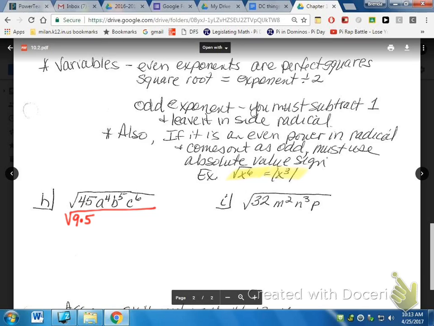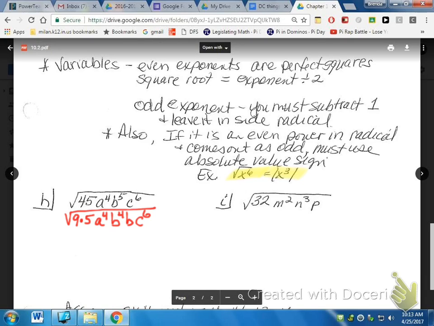A to the 4th is a perfect square, so it stays a to the 4th. B to the 5th is not a perfect square, so you write b to the 4th times that extra b, because that's the one staying inside. C to the 6th is fine because that's even.